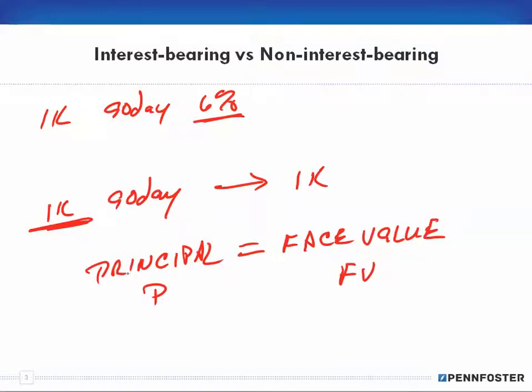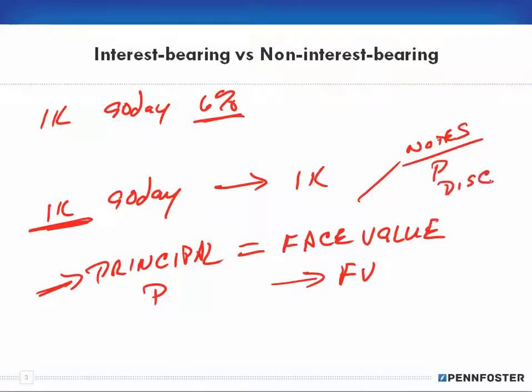So you're going to start seeing the terminology face value more, because that has more to do with our short-term notes and what the value of the note is, because we're going to talk about discounting in this chapter. In the previous chapter, it was just a simple note, so that's why it was principal, okay? But when we have a note that has a principal amount and then we end up discounting it, we have a face value amount.